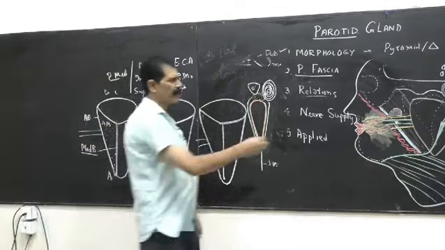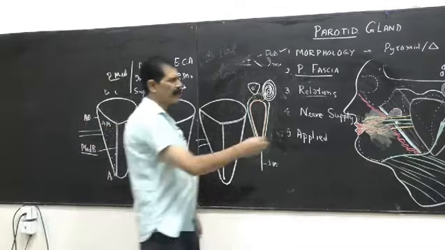Both the artery, vein, and nerve go in and exit from the posteromedial surface, and you have to make it like this. First we have done the nerve, and we know how the nerve goes into the posteromedial surface, enters here and divides into two branches. What are they? Temporofacial and cervicofacial.